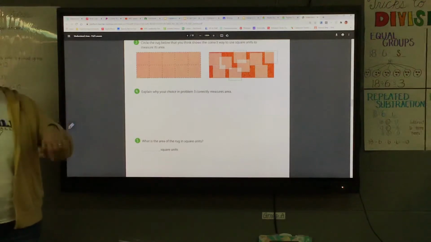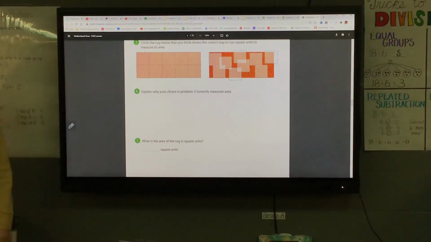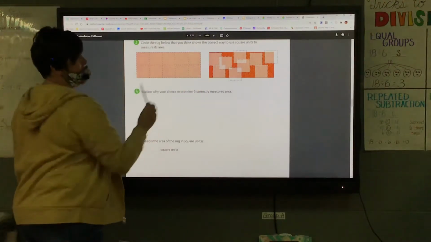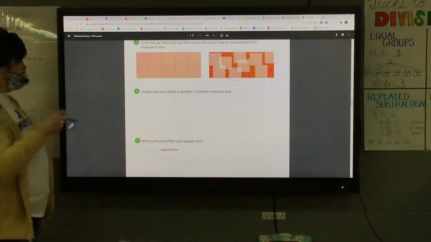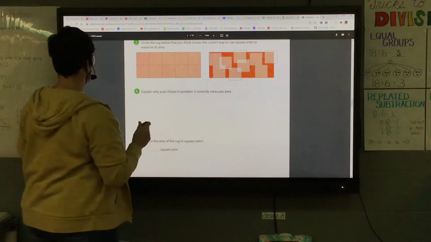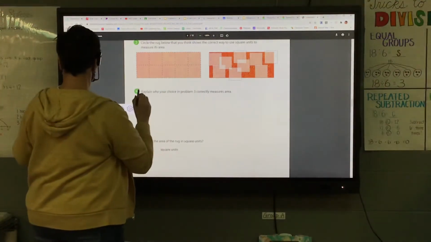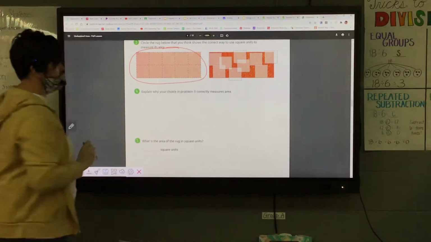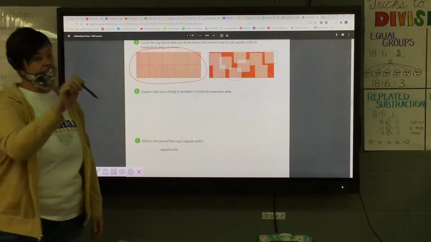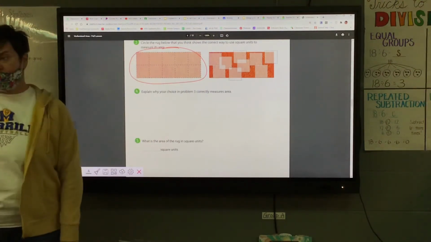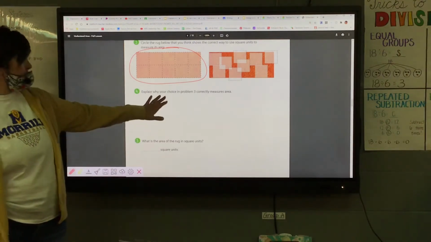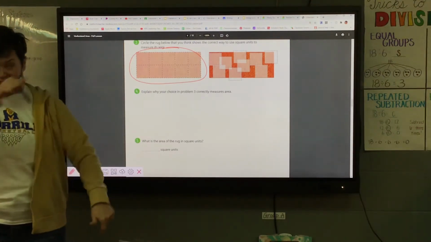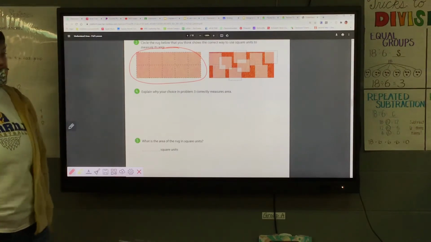Which rug is correctly shown using square units? First or second? First. I concur. Do you know what concur means? Agree. Explain why you chose that rug. For part 4, write down why you chose that rug.